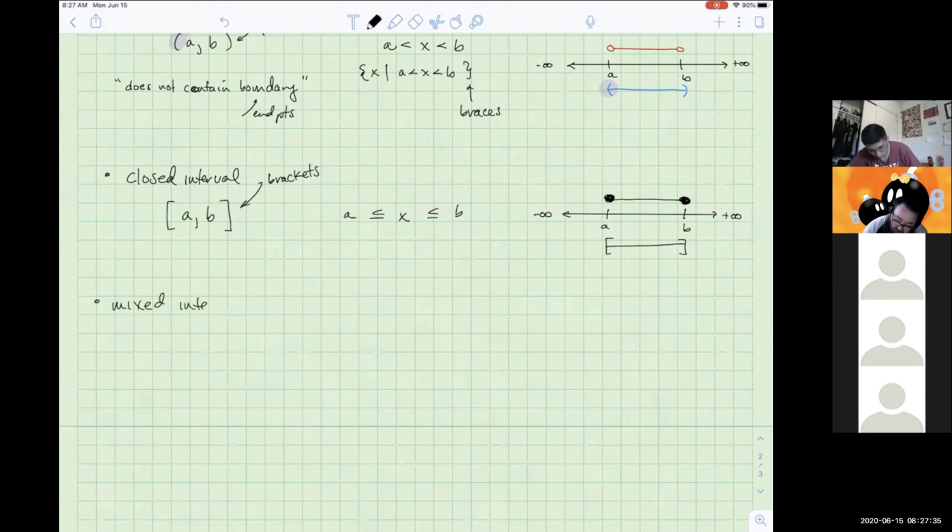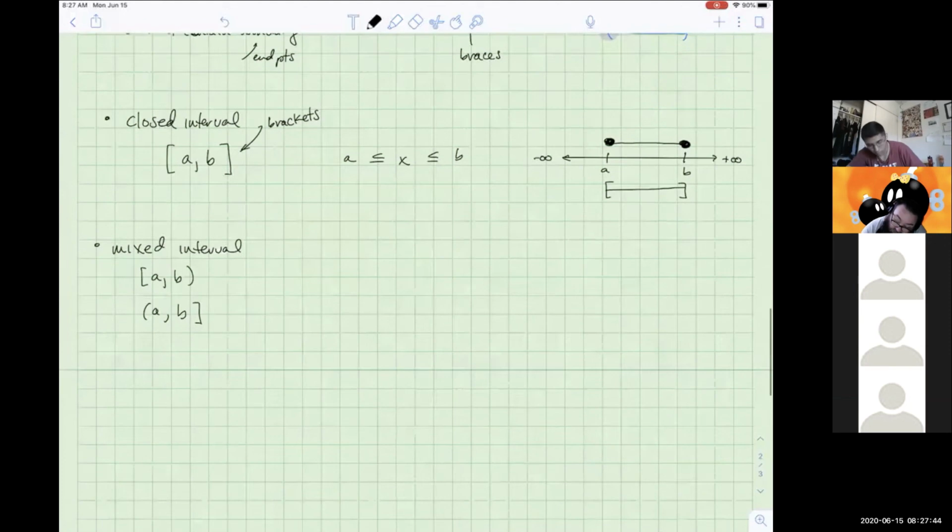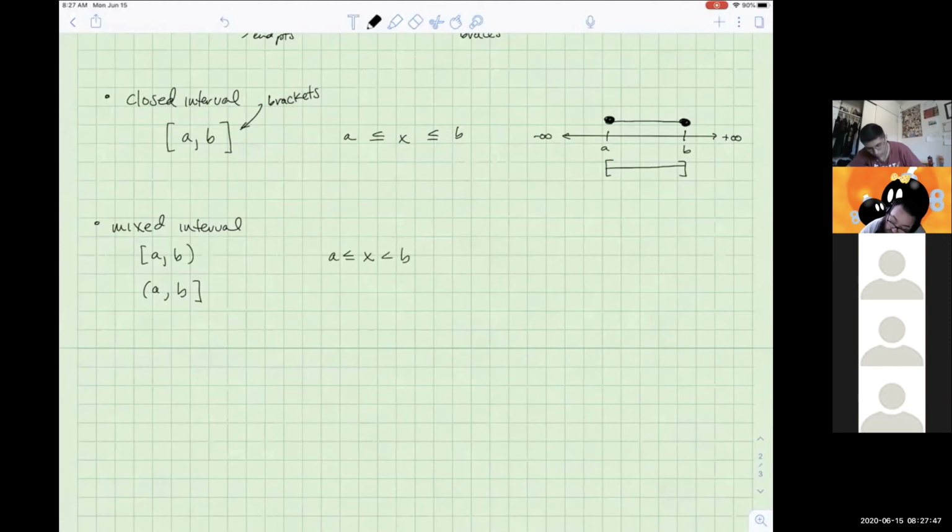There's a couple of different flavors, either closed at A, open at B, or open at A, closed at B. This would be A less than or equal to X, less than B, and then we would have a closed dot at A, an open dot at B. And then underneath here, parentheses A, comma, B, bracket would be A less than X, less than or equal to B, which would be flip-flopped in terms of which boundary we include.